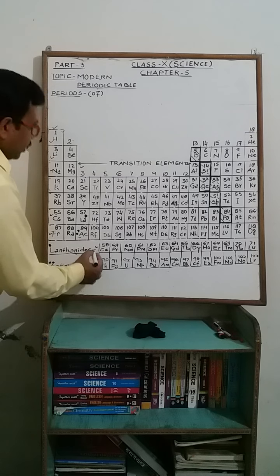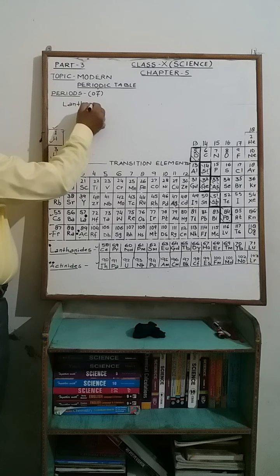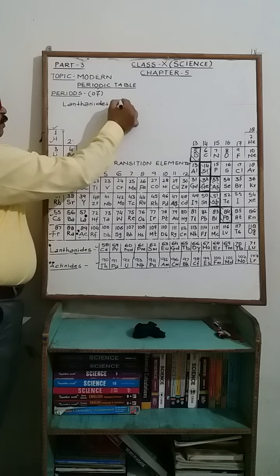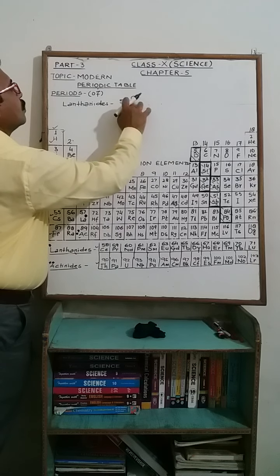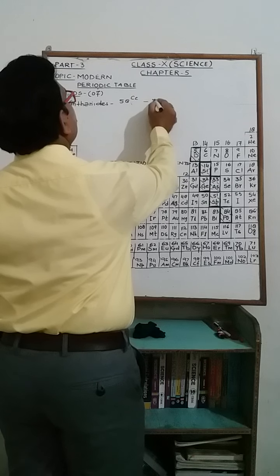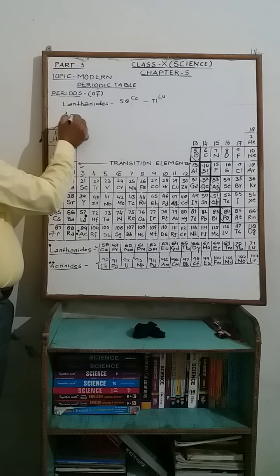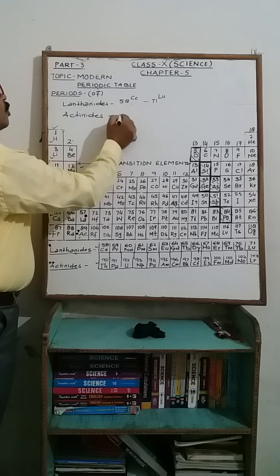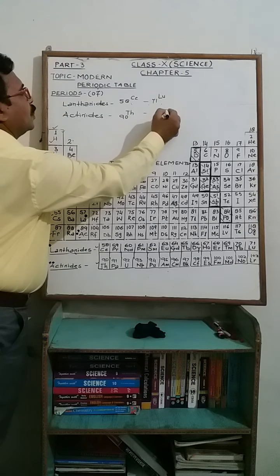Collectively, the lanthanides, starting from atomic number 58 cerium up to atomic number 71 lutetium, and the actinides, from atomic number 90 thorium up to atomic number 103 lawrencium.